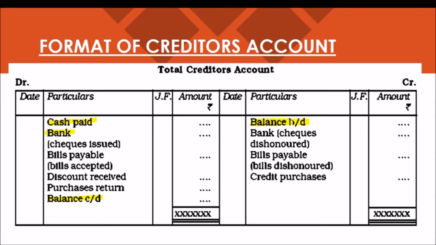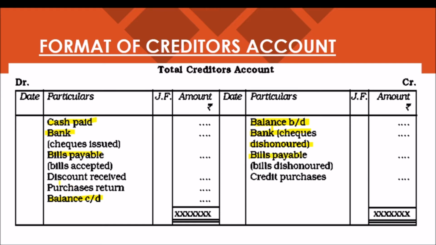If that check is dishonored, meaning if it is not accepted, we have to credit bank, check dishonored. Then bills payable: the creditor gets the bill accepted by the buyer. That amount will be debited. If that bill is dishonored, it will be credited.